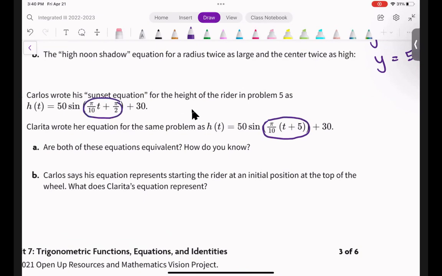So when I see that, I just want to distribute and see what happens. So what's pi over 10 times t? Oh, it's pi over 10 t. And what's pi over 10 times 5? Oh, I can simplify those by 5. And so then this becomes a 2. And you're like, oh, Ms. Johnson, those are exactly the same. That's weird. How can they be both the same?